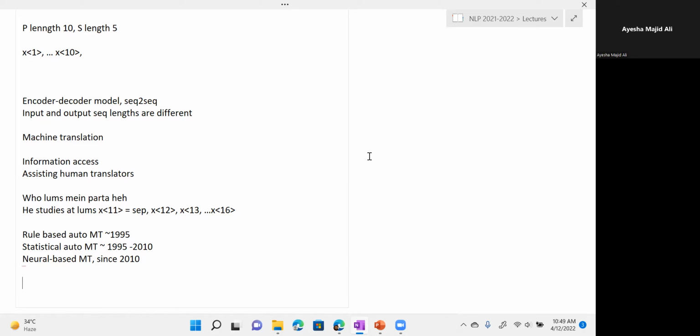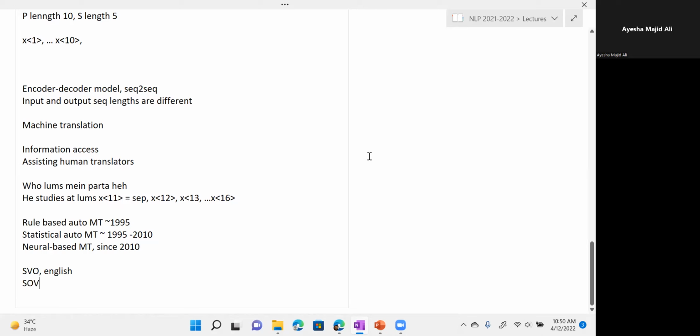And some other languages are subject, object, verb, meaning that you have a subject and then the object, both of them being nouns, and then a verb connecting those two nouns. There are many languages in this category, Urdu is one of them. So again, ordering would be different in different languages based on this classification.